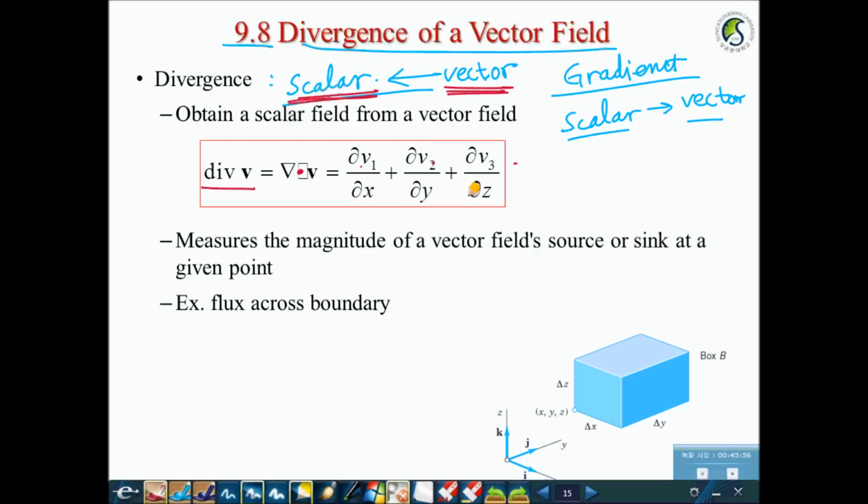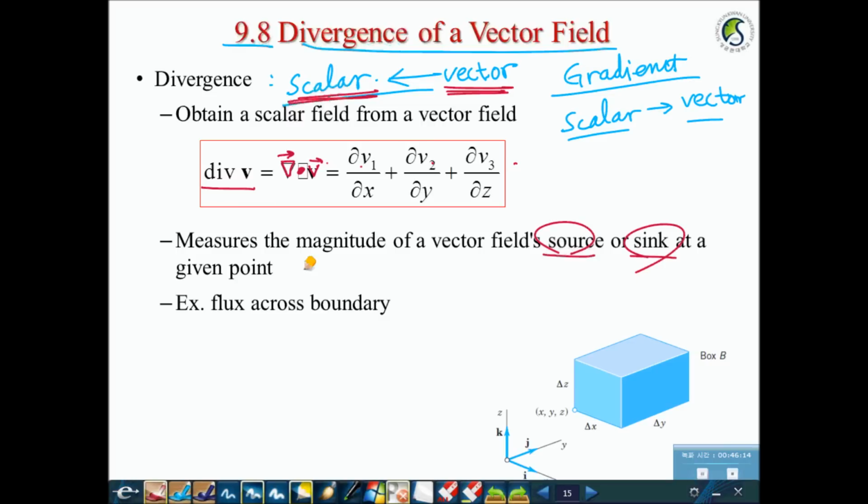That's the dot product of del and the V vector field. And I already told you that those are source and sink. The physical meaning of divergence is source or sink.